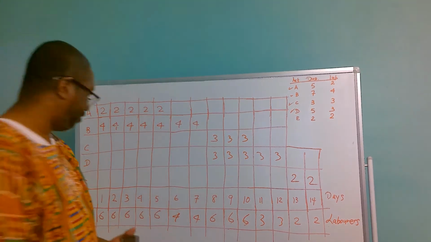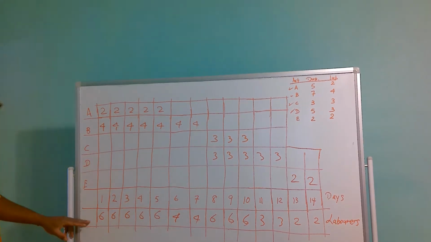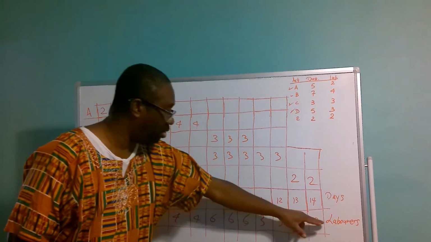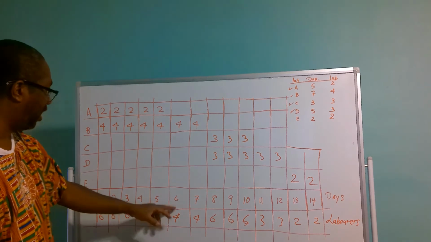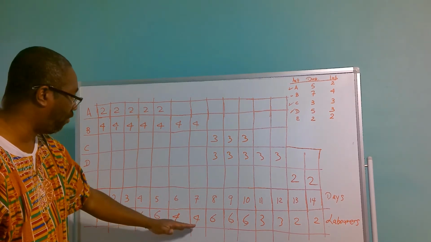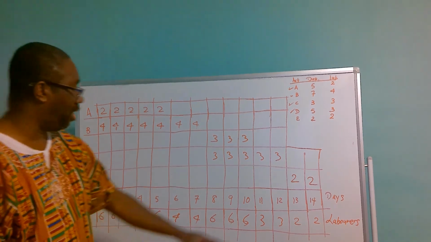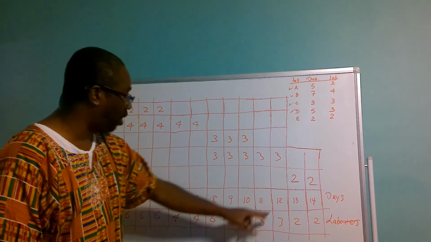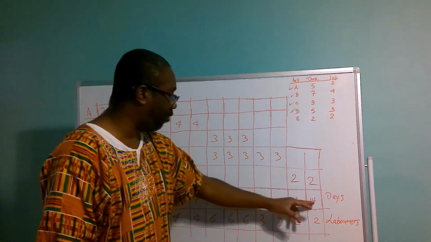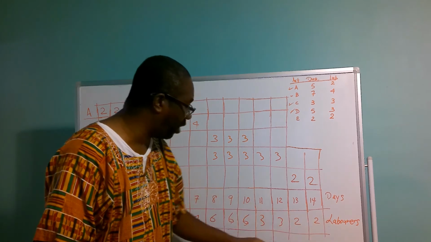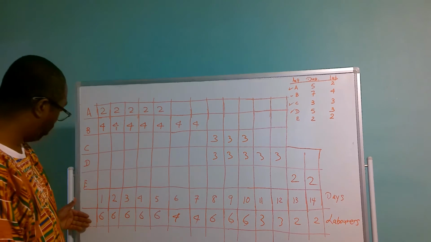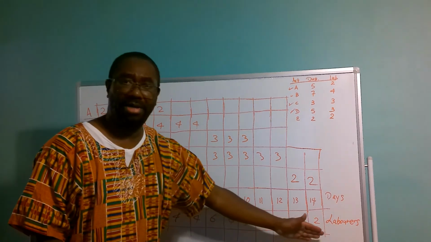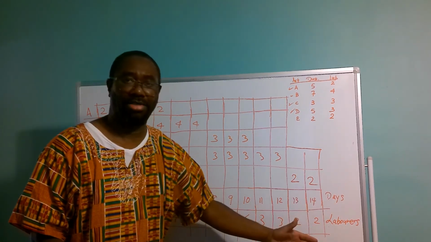So therefore, if you look at the row for your labor force now, you will see that with the exception of day 5, day 6 and day 7, which drop down to 4 laborers per day, and day 11 through to 12, which is 3 days, 13 and 14, which go down to 4 laborers, you will observe that on no day do you have more than 6 laborers.